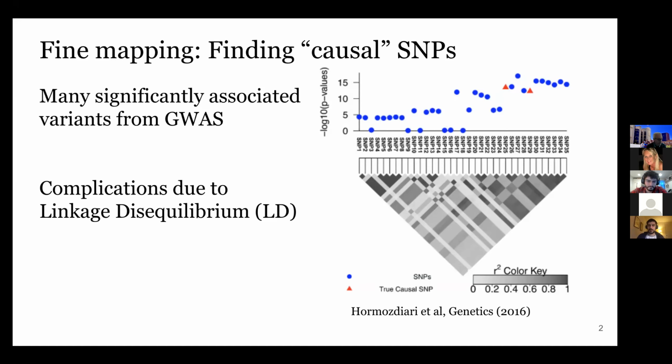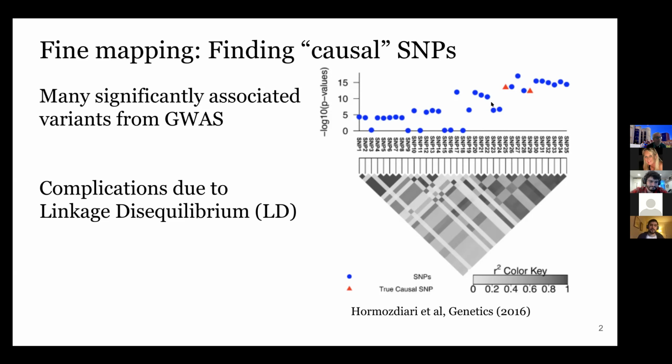A second problem is that, as you can see here, you can have situations where the most significantly associated variants are not actually the causal variants. They're just highly correlated, or in LD, with the truly causal variants. I assume when I show my mouse, you can see it.